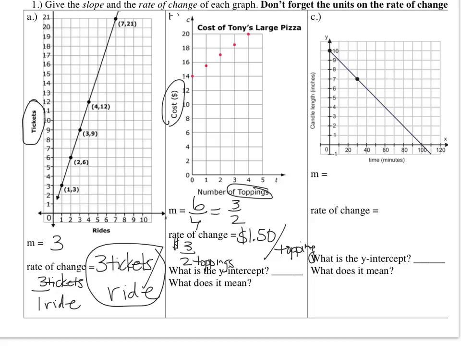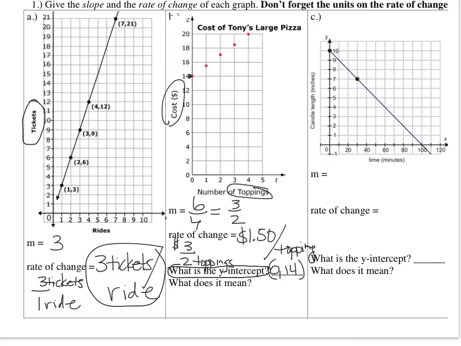Make sense? All right, and so then the next question I'm just asking, what is the y-intercept in this graph here? And so the y-intercept right here is 0, 14. And so then again, just a review of what does that mean? So what this means is that it costs $14 for no toppings. So pretty much like a cheese pizza costs $14.